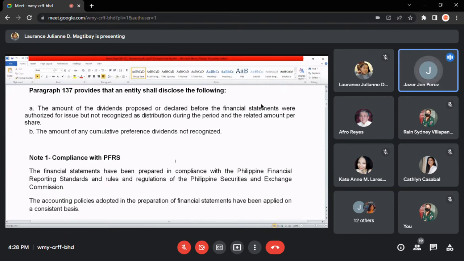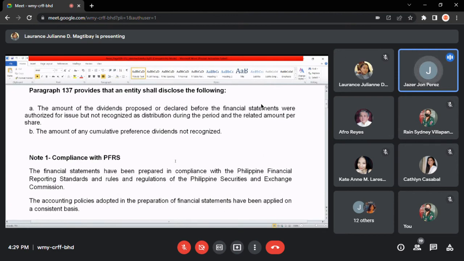Pag sinabi nating authorized, ito yung mga amount na ng mga dividend ay kinonsider but not recognized. Meaning to say, hindi siya naka-record yung transaction sa mismong financial statement as distribution. Tapos, the amount of any cumulative preference dividends are not recognized also.